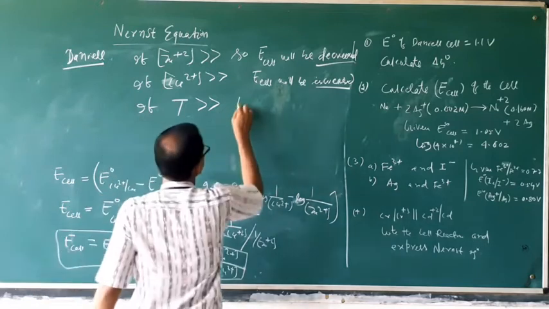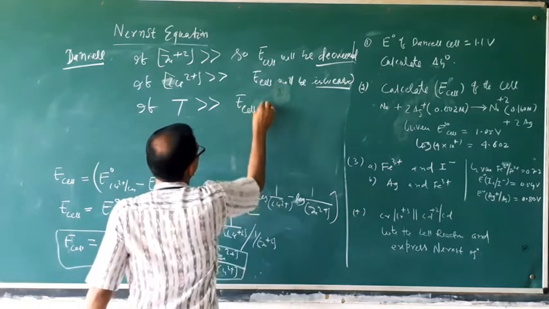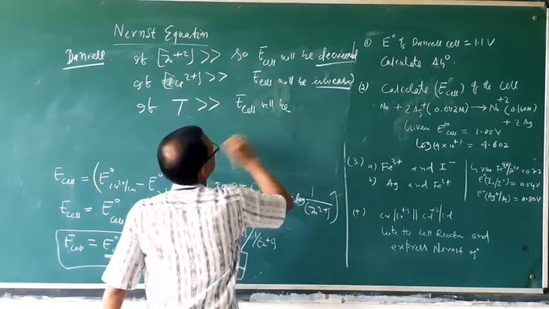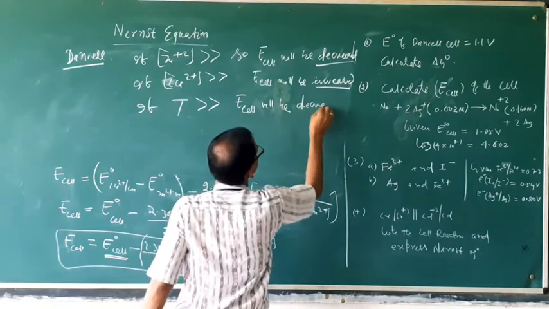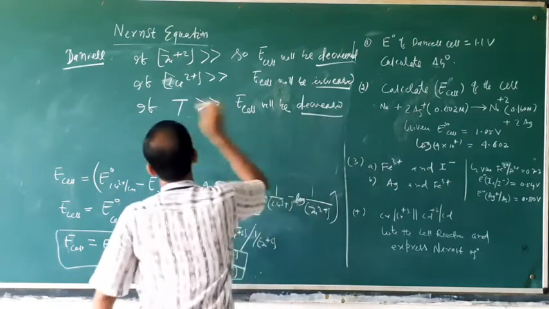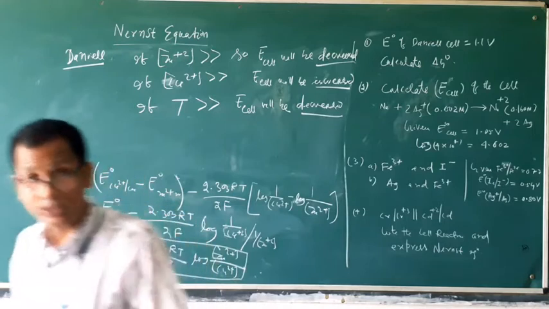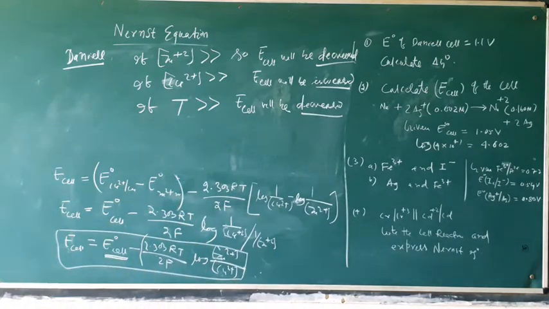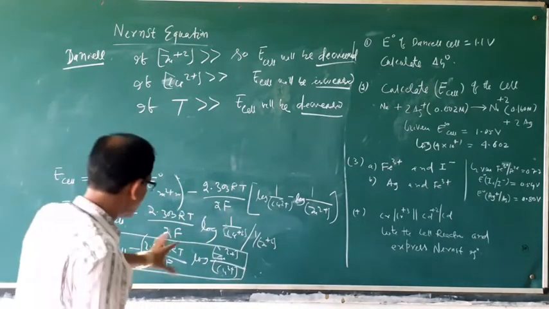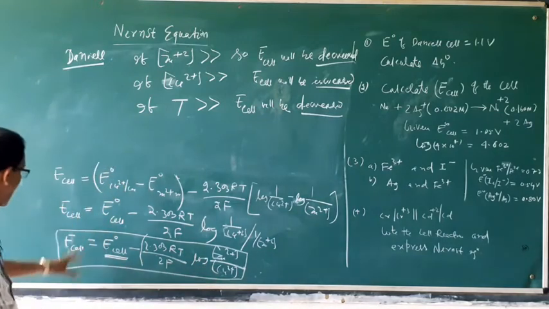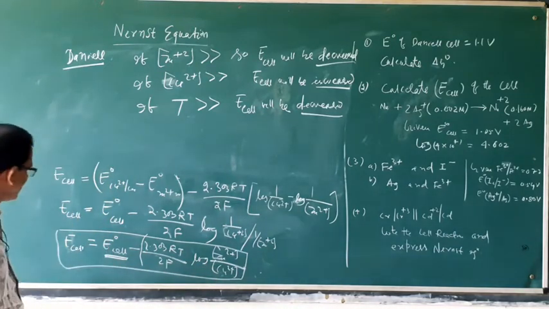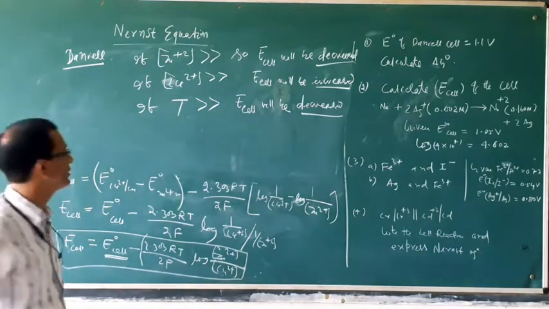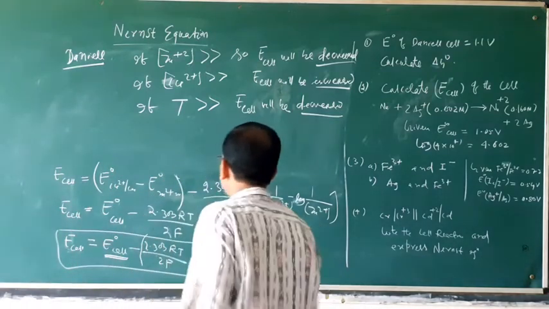Very important: E cell will be decreased. So this is a very important relation between temperature, concentration of different ions and cell potential. This is called the Nernst equation, the expression of the Nernst equation.